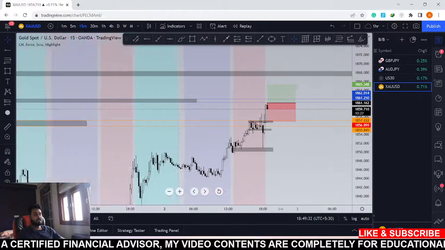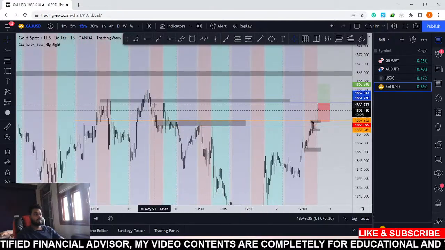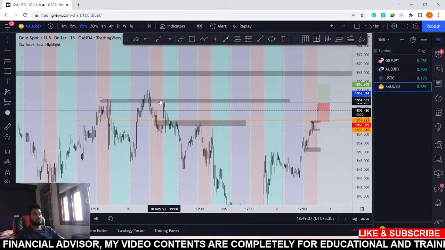This candle is near resistance. Yes, you can say that the candle is near resistance.